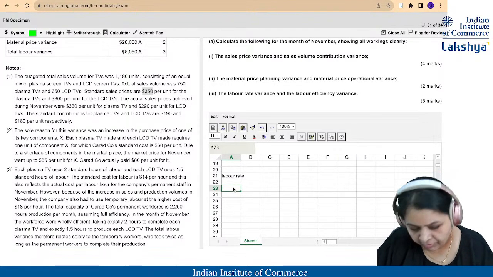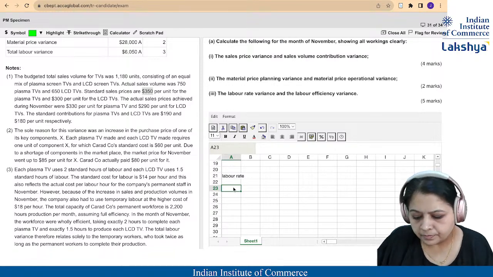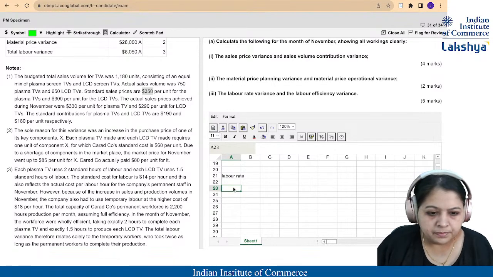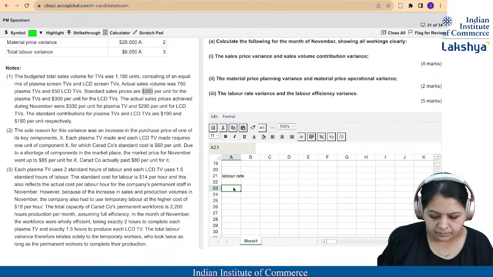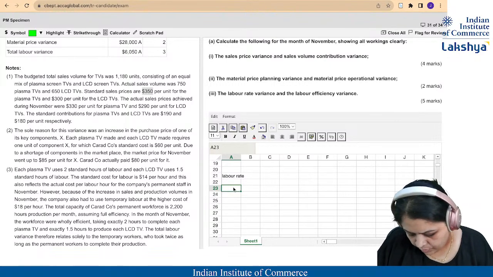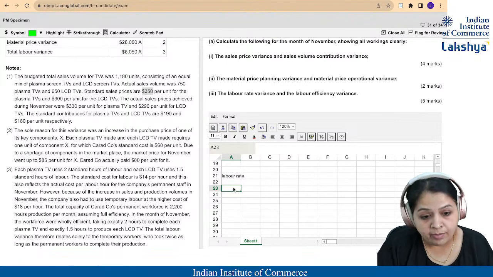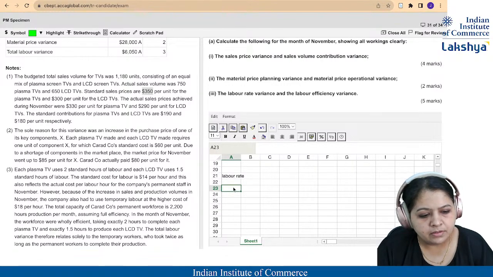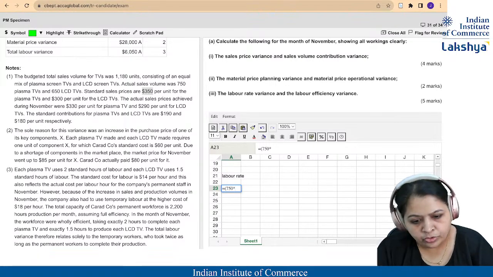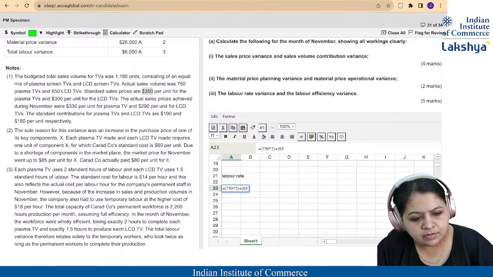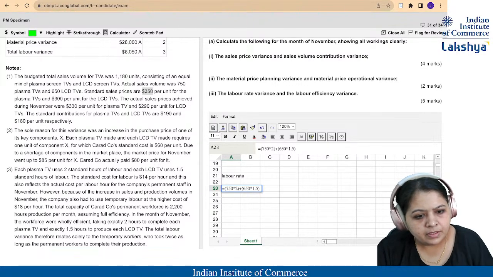So the first thing we do here is find the total hours to be taken, which is 750 multiplied by 2 plus 650 multiplied by 1.5, right?